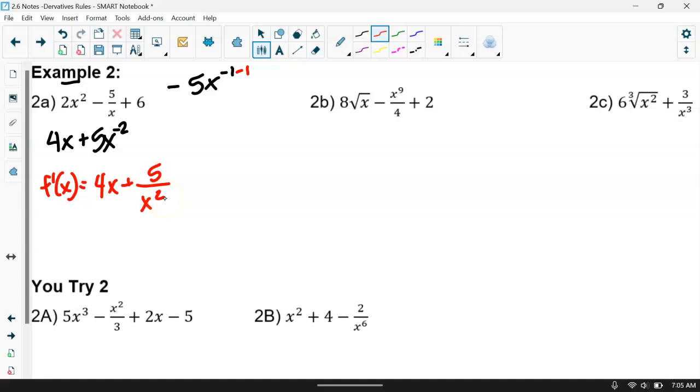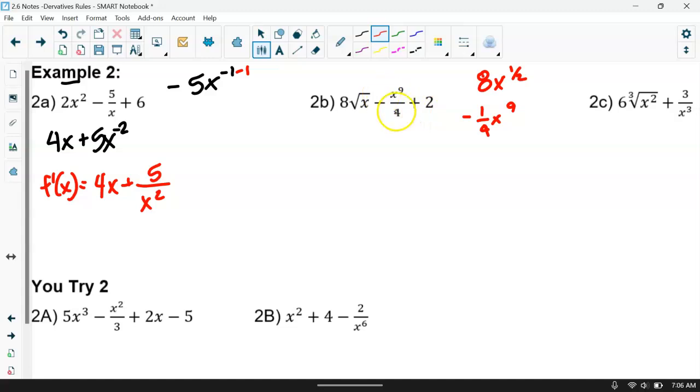So then here, let's rewrite 8 times radical x as 8 times x to the 1/2. Let's also rewrite here, because this is technically a negative 1/4 x to the 9th.